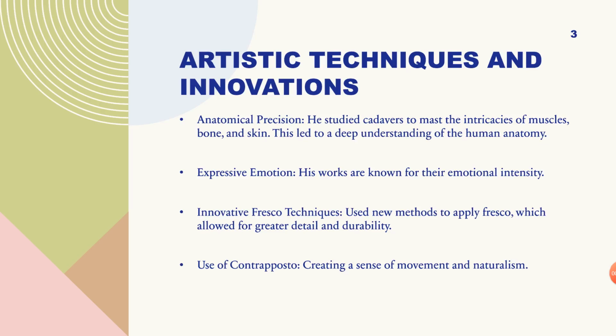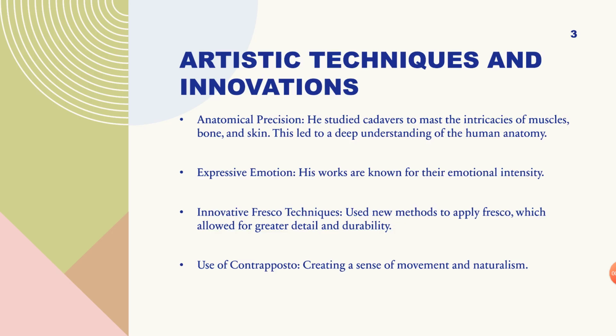Innovative fresco techniques. He used new methods to apply fresco, which led to greater detail and durability, but also vibrancy. He did a very great job at that in his works, which I'll show you in just a second. And then lastly, pardon me if I don't say this right, his use of contrapposto.